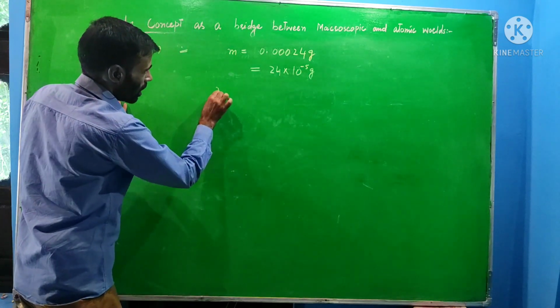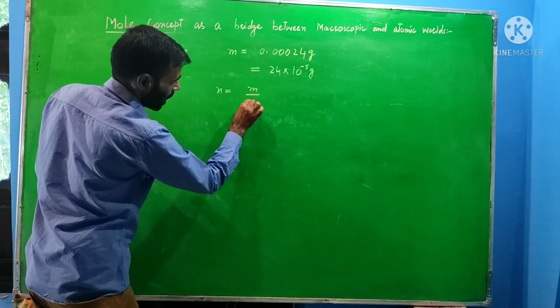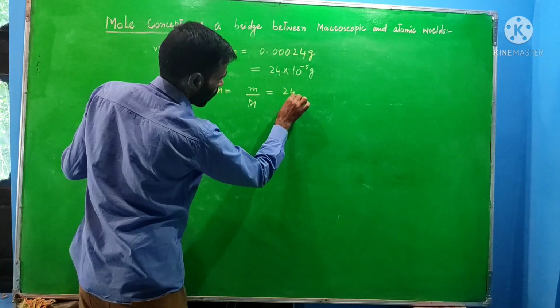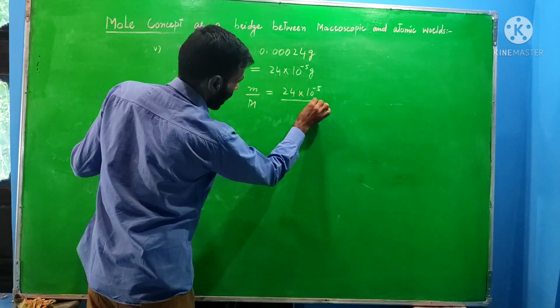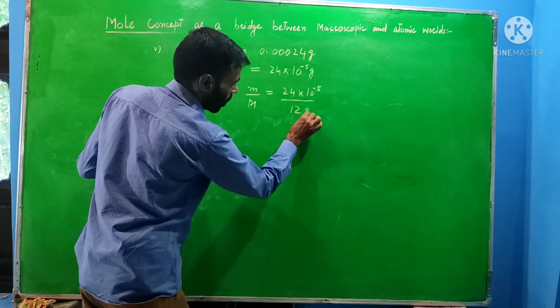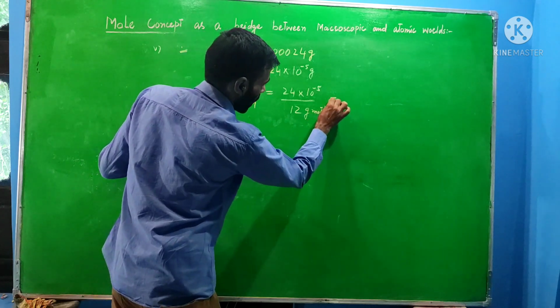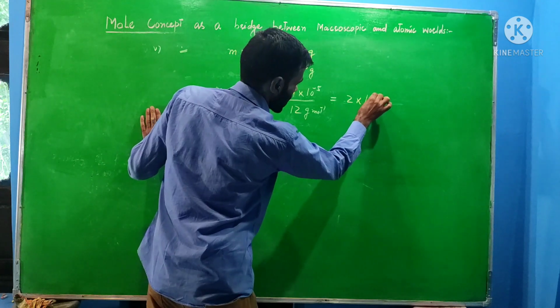After that we know number of moles is equal to mass in grams divided by molar mass. So this is 24 into 10 raised to the power minus 5 divided by the molar mass of carbon, that is 12 gram per mole. So this will be equal to 2 into 10 raised to the power minus 5.